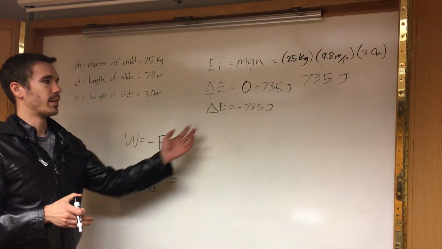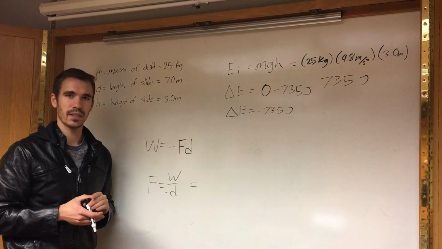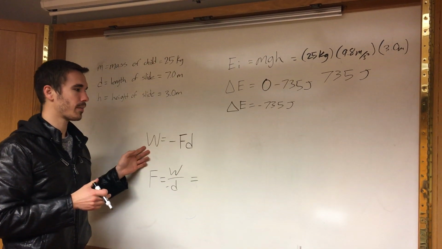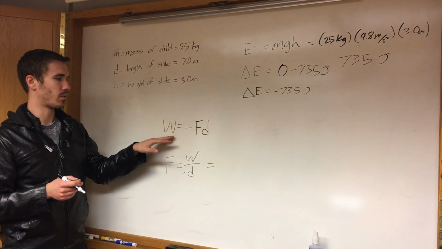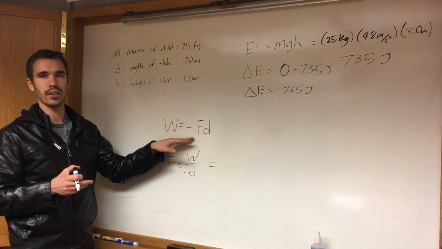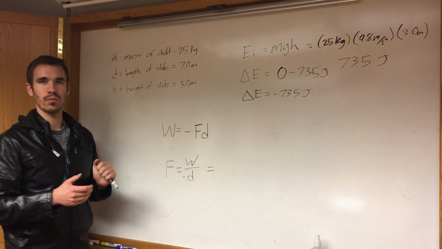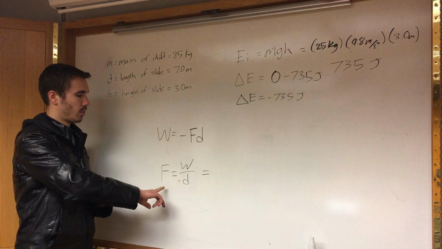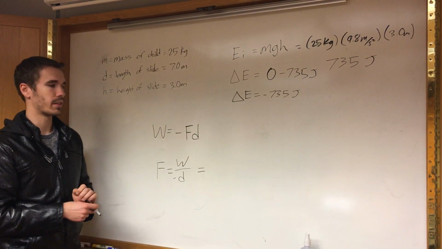And then once we have this, we can insert it into our equation here, because the energy change is equal to the work. So we can use this equation, that the work equals the negative force times the length of the slide. When we rearrange it to get the force, we get force equals the work over the length of the slide.